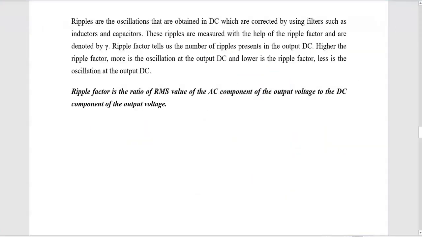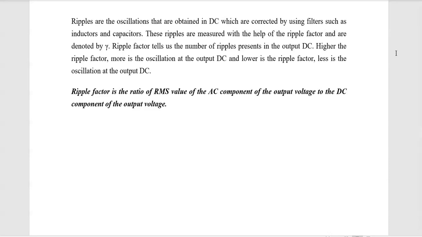Hi everyone. In this discussion, we are looking at the form factor and ripple factor for rectifiers. We'll be looking at full wave and half wave rectifiers. Ripples are the oscillations that are obtained in DC, which are corrected by using filters such as inductors and capacitors.